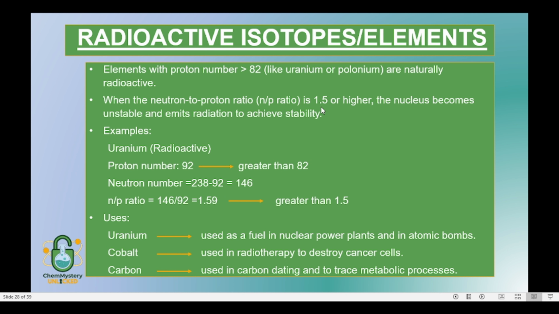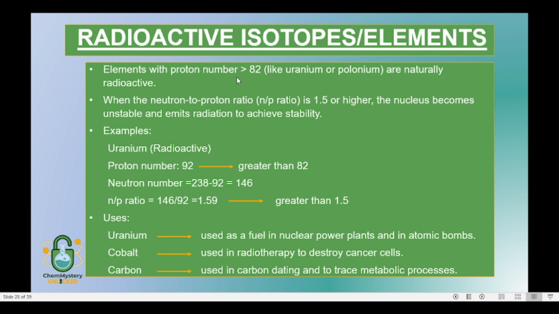For example, uranium is a radioactive element. Let's check the proton number. The proton number of uranium is 92. It is greater than 82, as we talked about in our first point. So we completed the first point. Now let's check the second point.